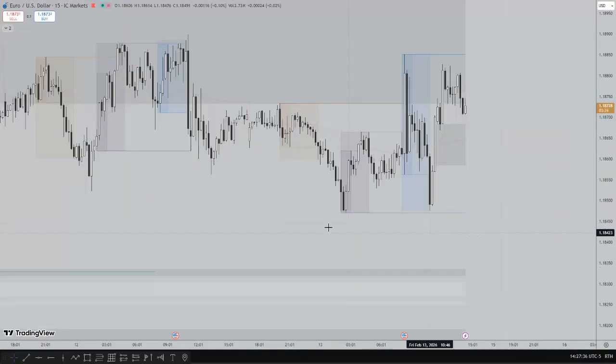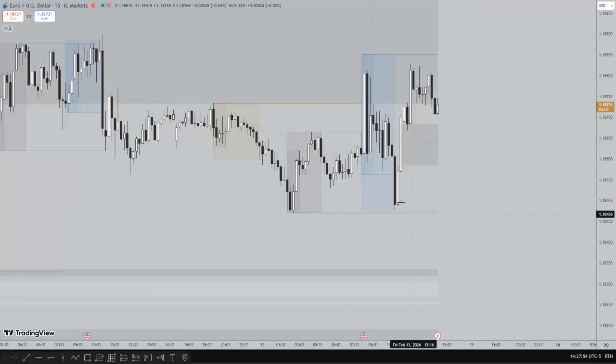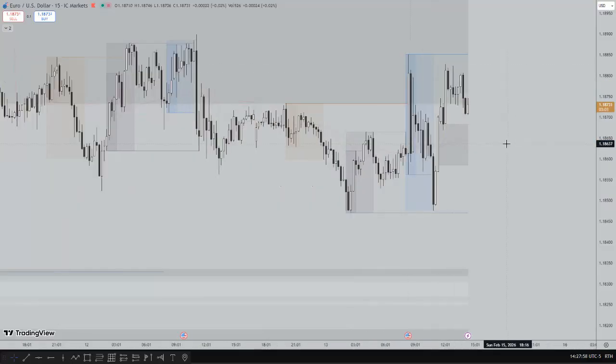Bounce right off, sweep the high, come and pull back down to the imbalance, push right up from there, back up to highs. All right, right back down to lows. Don't sweep the London low for whatever reason, I don't know, but we get a nice push back up. You know, so it works on everything.